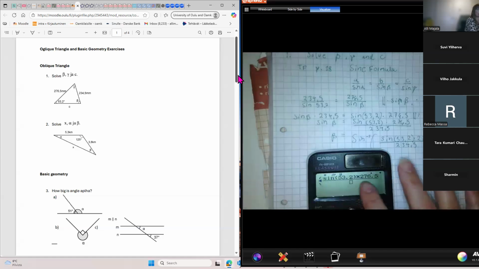So here, of course, the brackets have to be there. I get something weird, maybe. This would be a really small angle. That's because I have radians there.